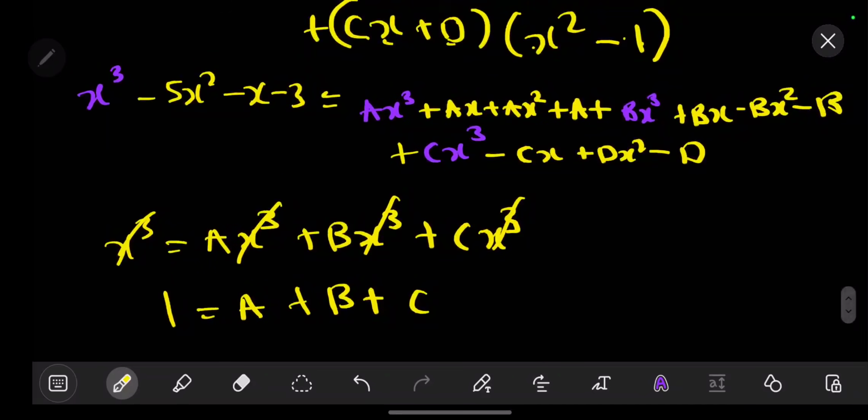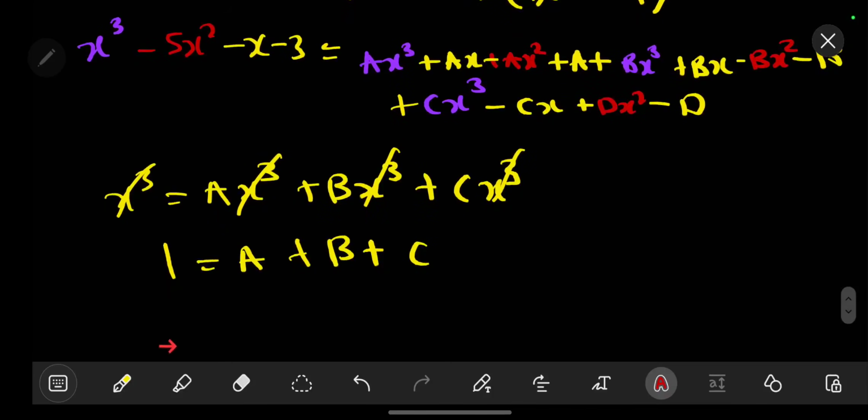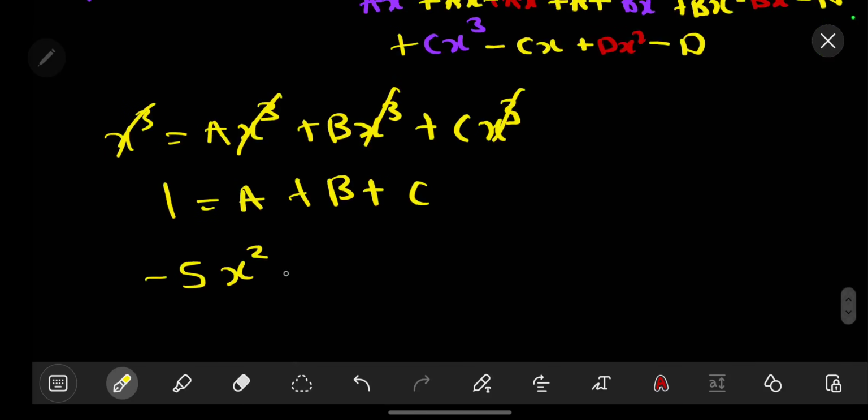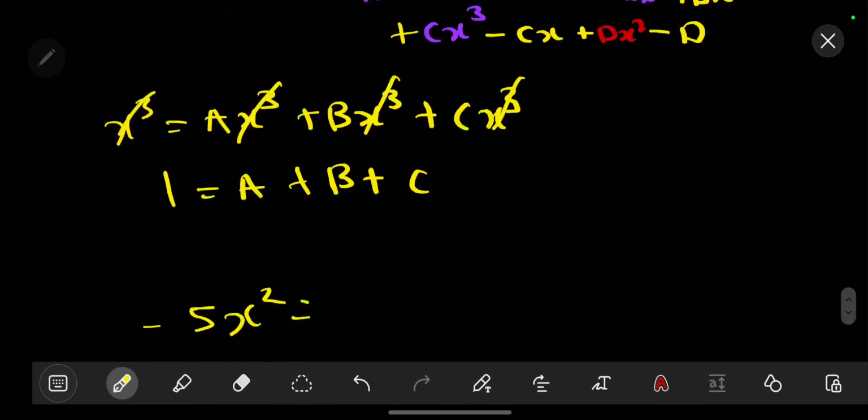Then for the other part, this one will be equal to all of them that are squared. So we are going to get these. So we are going to have a negative 5 like that, x to the power 2. So we can have, let me leave some space, negative 5 x to the power 2 should be equal to all the terms.